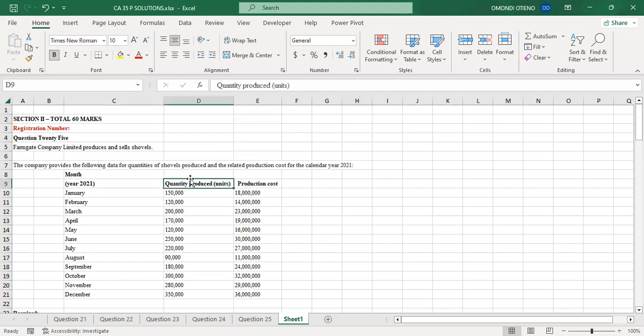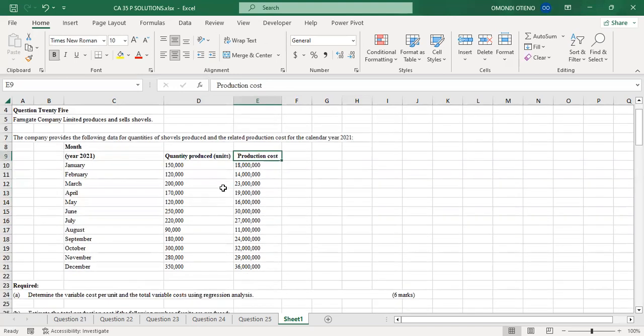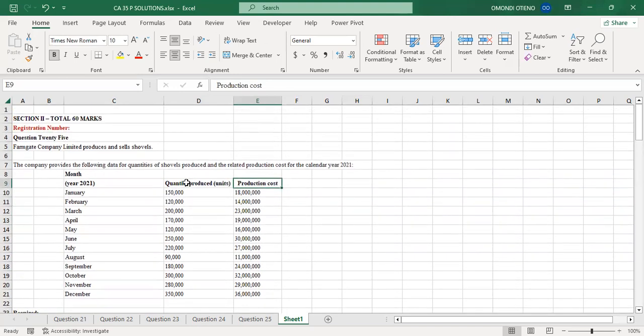Quantity produced will determine the total amount of variable costs. Remember, fixed costs are constant even if we produce 0 units. So let's go ahead and get our variable cost per unit and even fixed cost, which is constant all through.